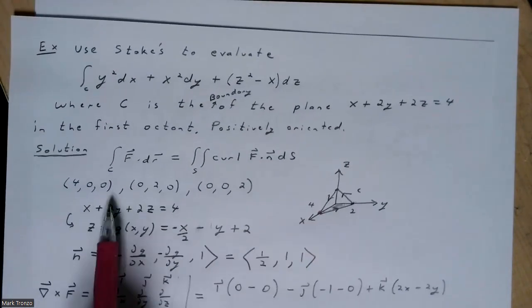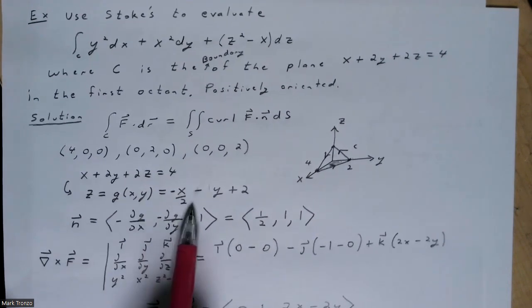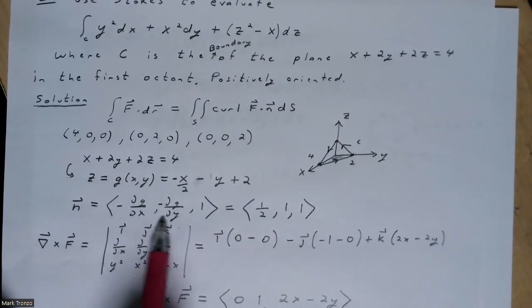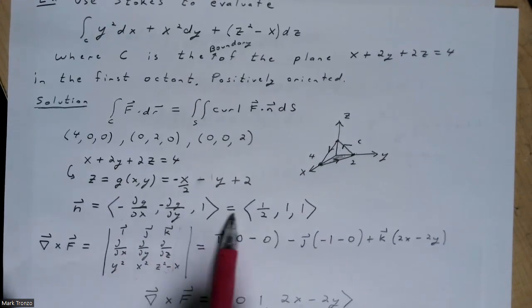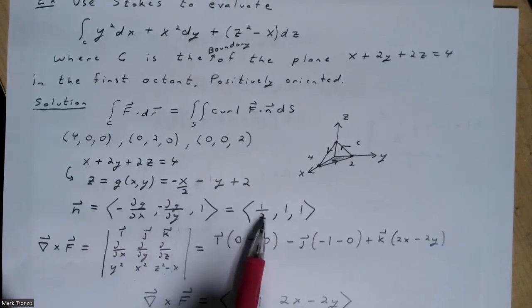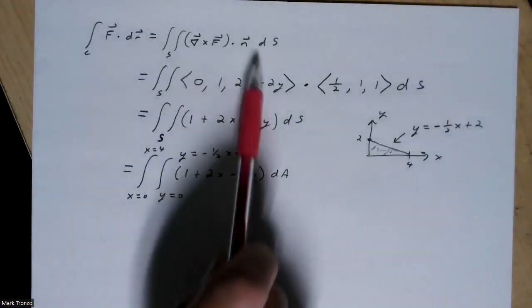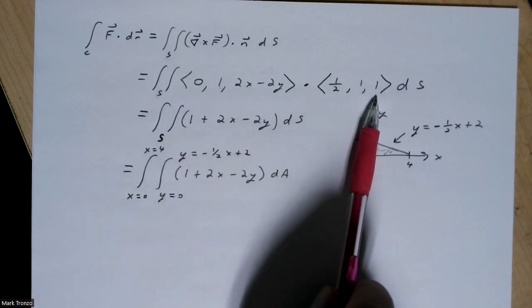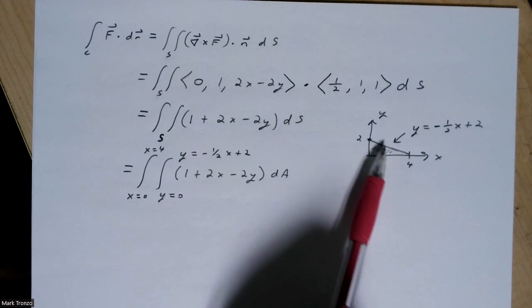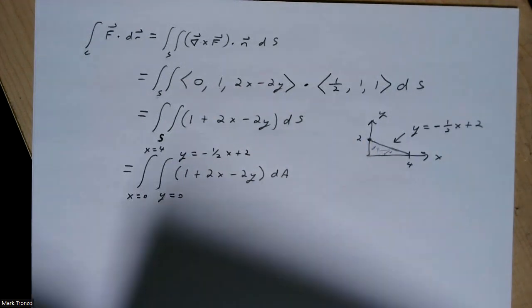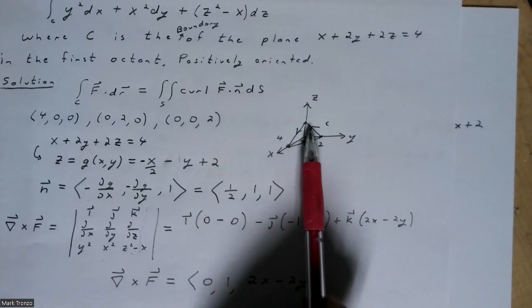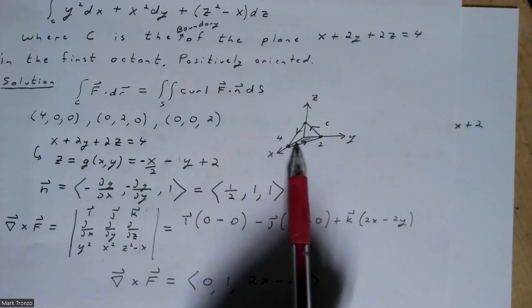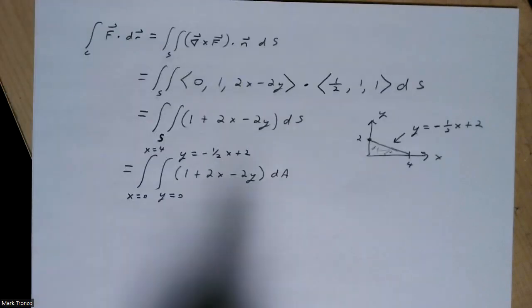We found the normal to the surface by doing the derivative of our surface, like this. Put everything into Stokes. Calculated this way. Then we need to find the domain of integration. Again, that's always kind of like what's projected on the XY plane. We did that, and then this.